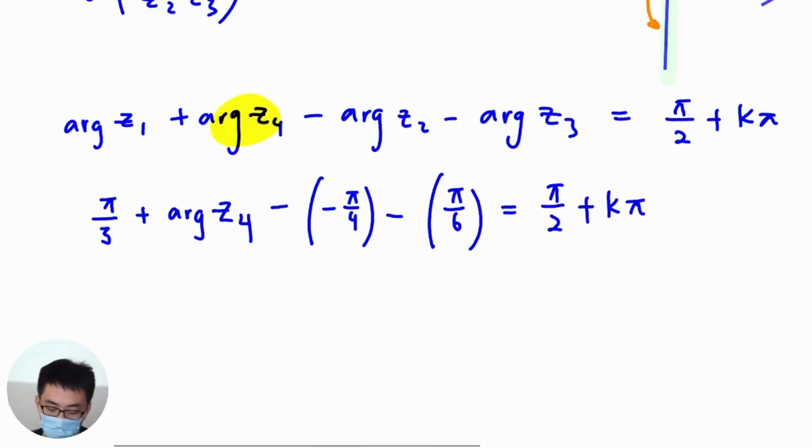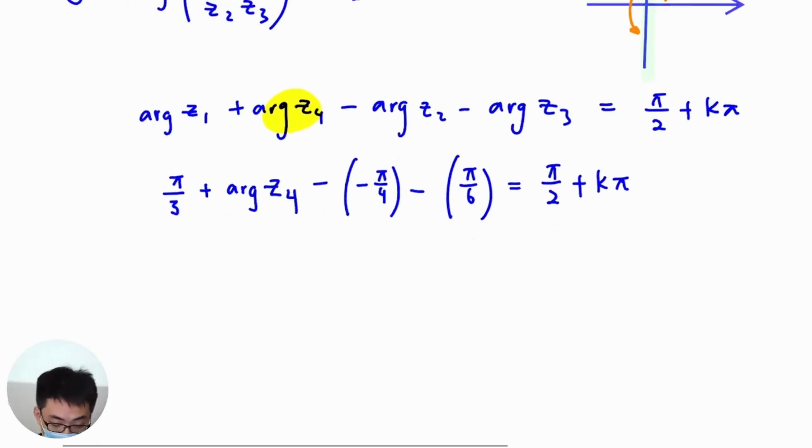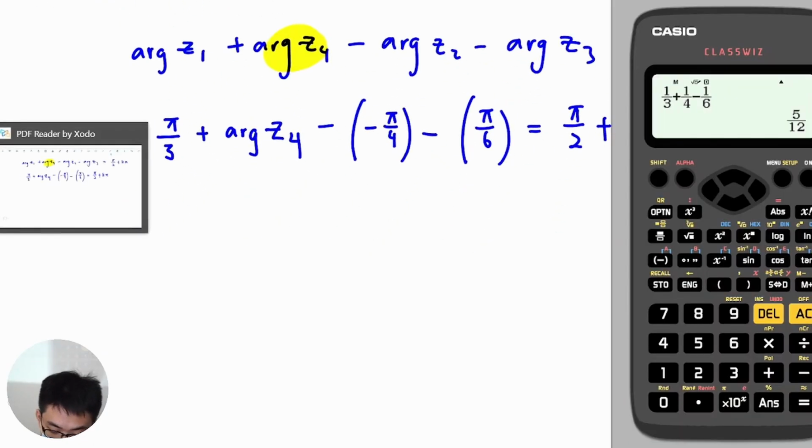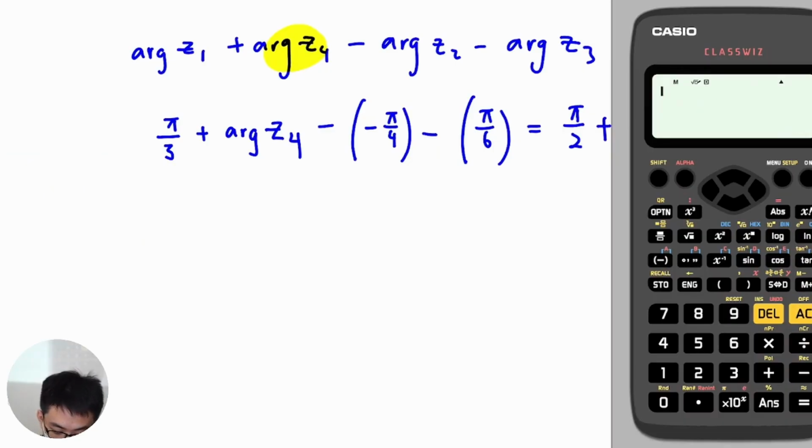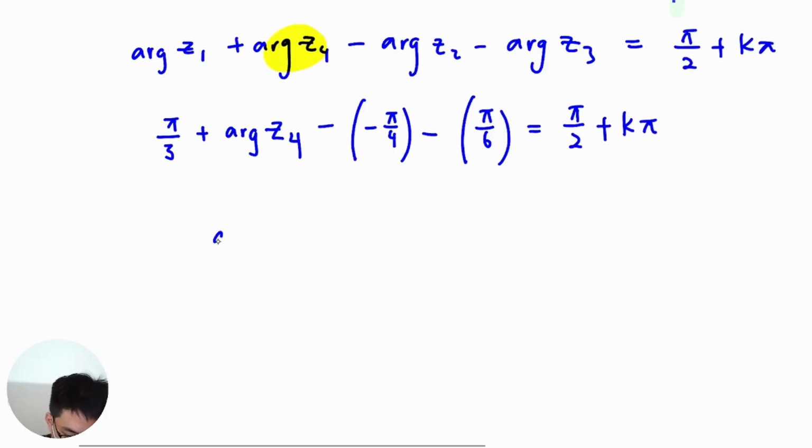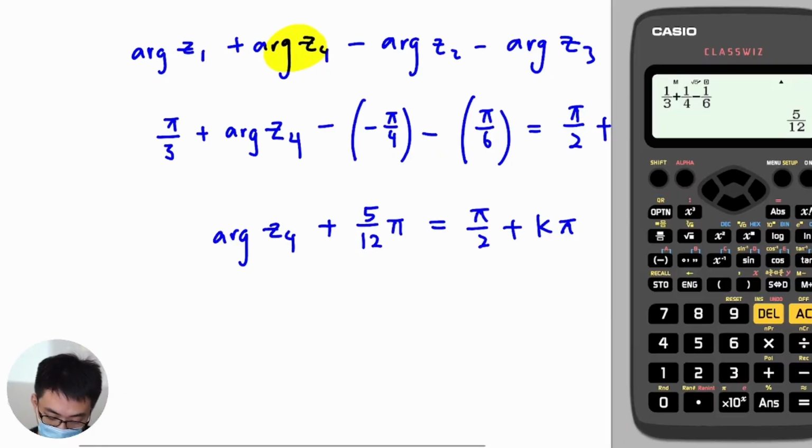Okay, there you go. So once done, just take all of them add up. So 1/3, 1/4, 5 over 12.